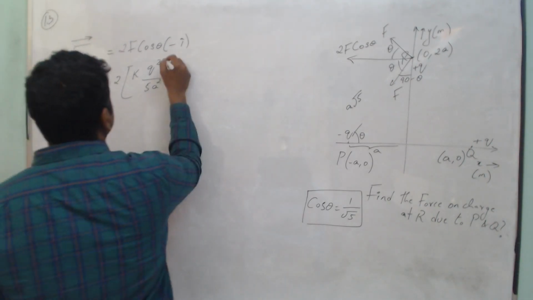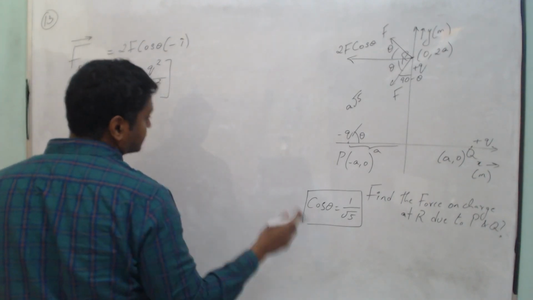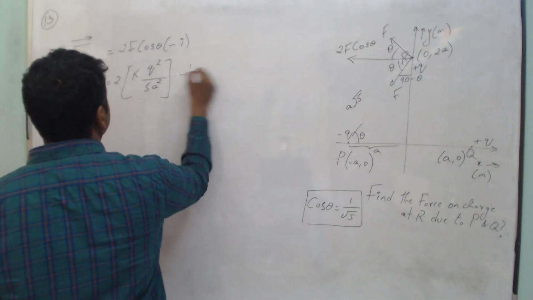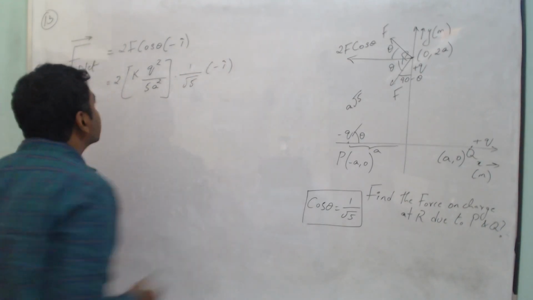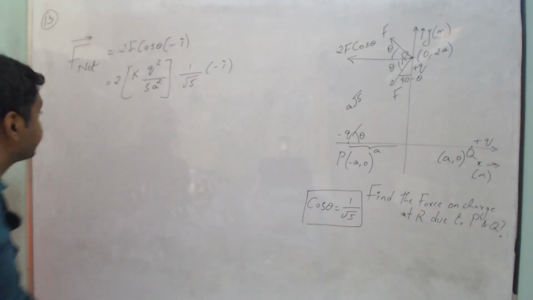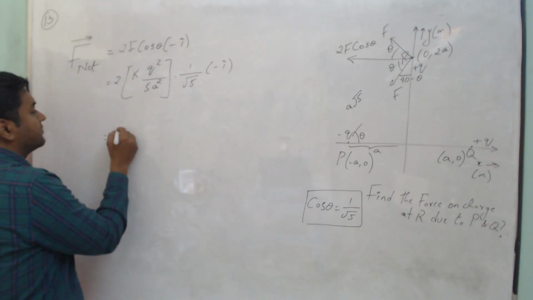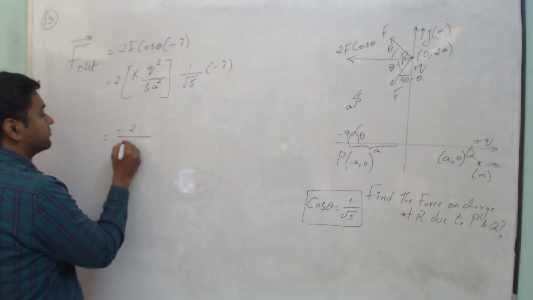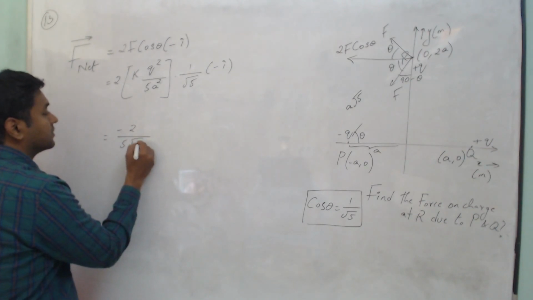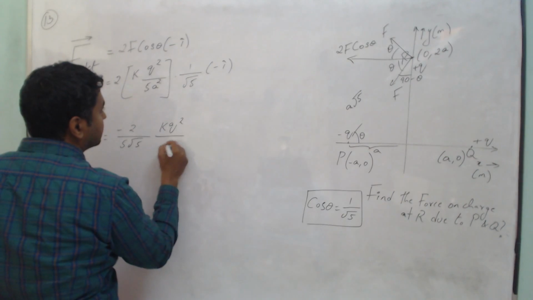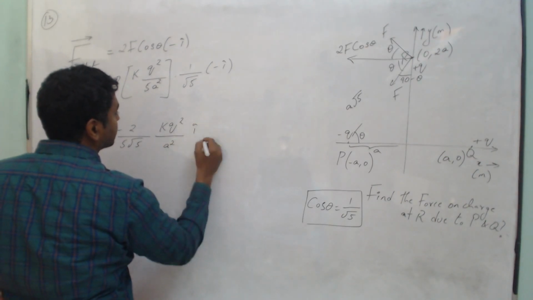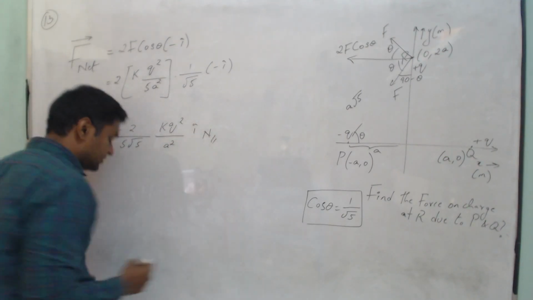Now cos theta is 1 by root 5 times minus i cap, correct? So we'll have this as minus 2 by 4 pi epsilon root 5 times q square by a square times i cap, Newton. Is this clear?